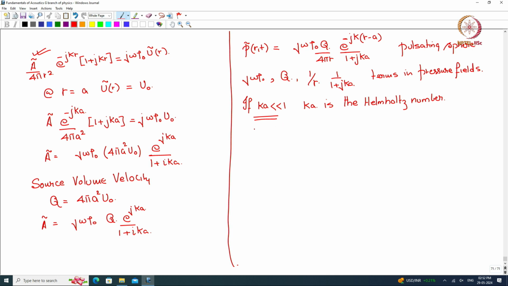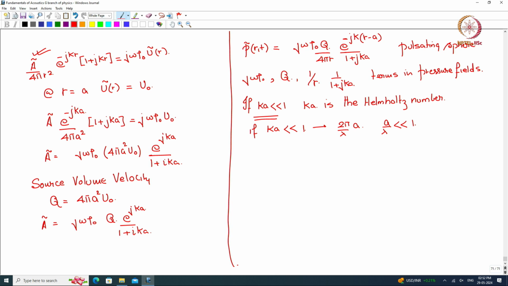And if Ka becomes small, okay, then what we can say here is that K is twice pi by lambda and we have a over here. So, that means a over lambda is becoming very small.